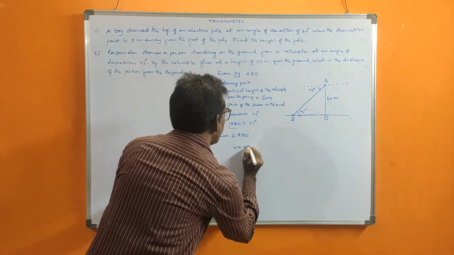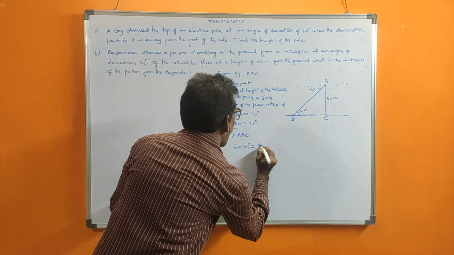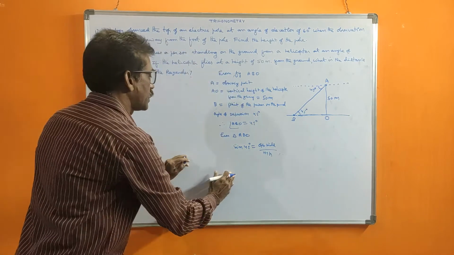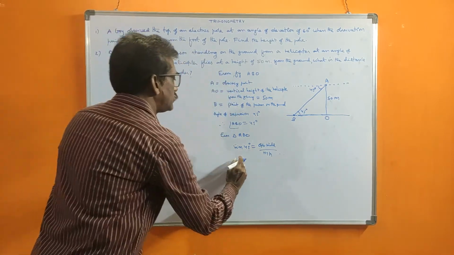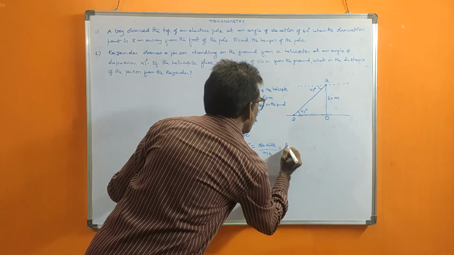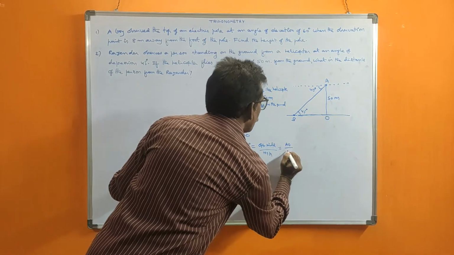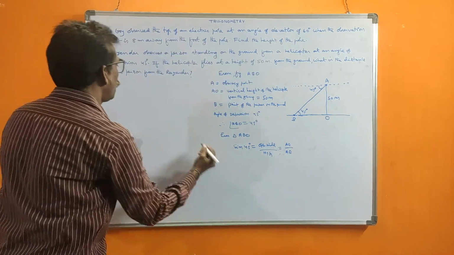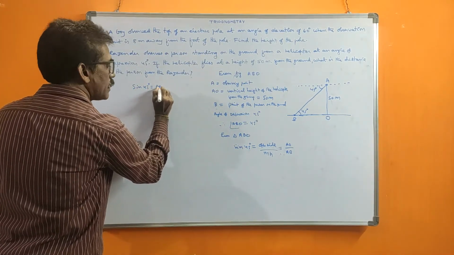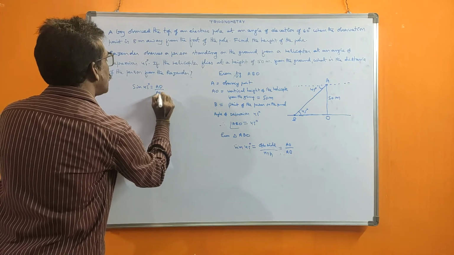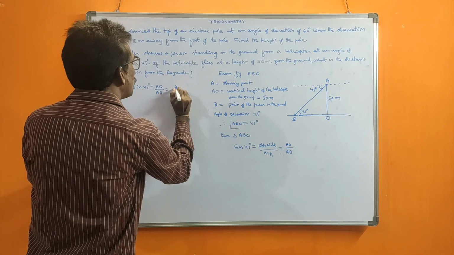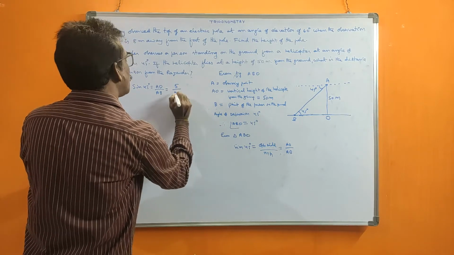Sine 45 is equal to opposite side by hypotenuse. For this, the opposite side is AO, by hypotenuse AB. Now I am writing here: sine 45 is equal to AO by AB, which is equal to 5 meters given, by AB, which we don't know.